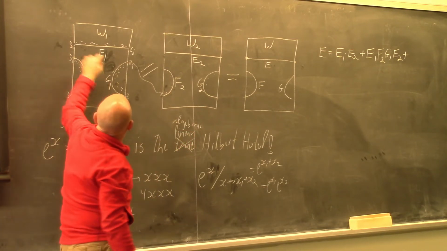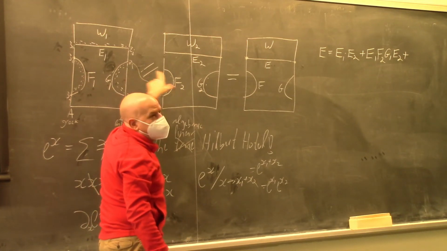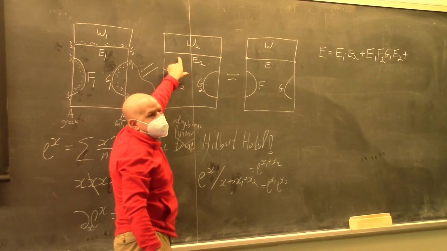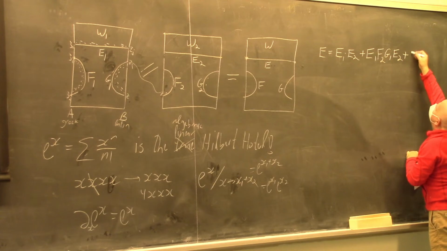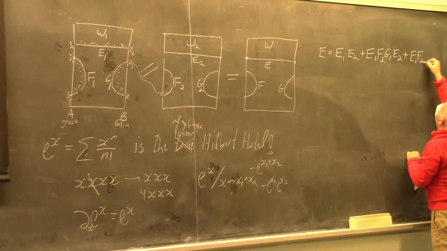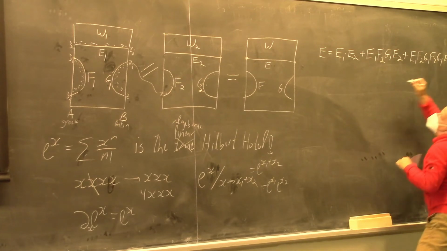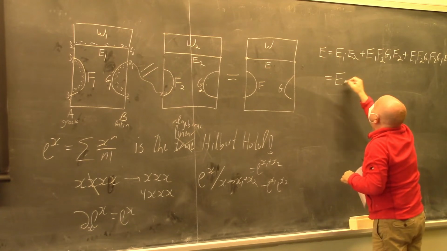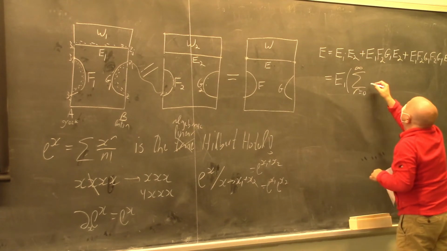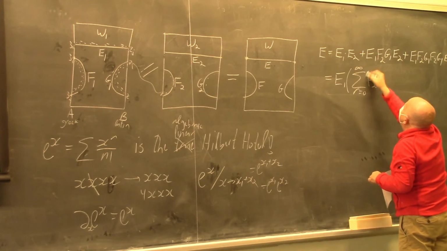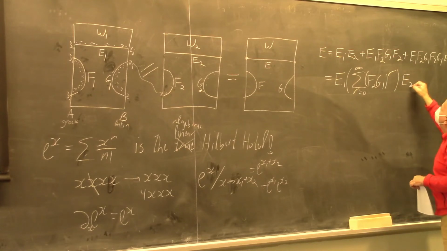So the next possibility is I start here, go through an F, go through a G, go through another F, go through another G, and come out with this E. So the next contribution will be E1, F2, G1, F2, G1, E2, and so on. So really I get E1, sum over R goes from 0 to infinity of (F2 G1) to the power R, multiplied by E2.